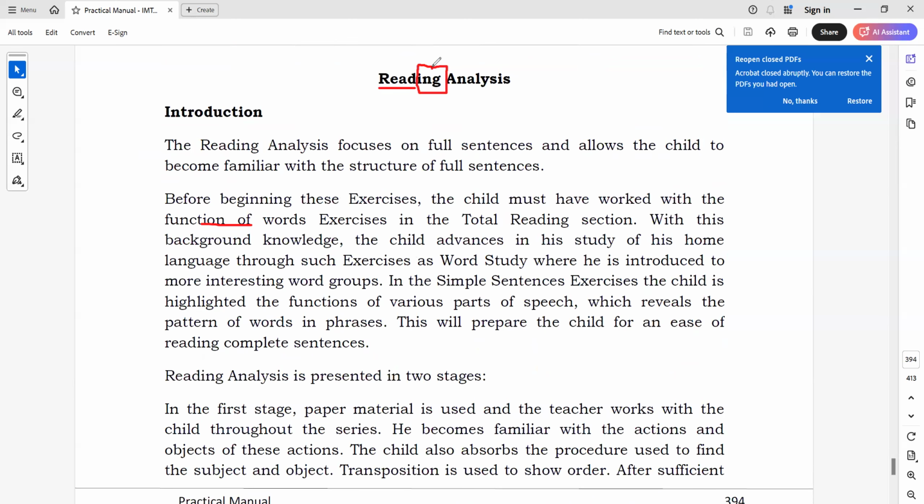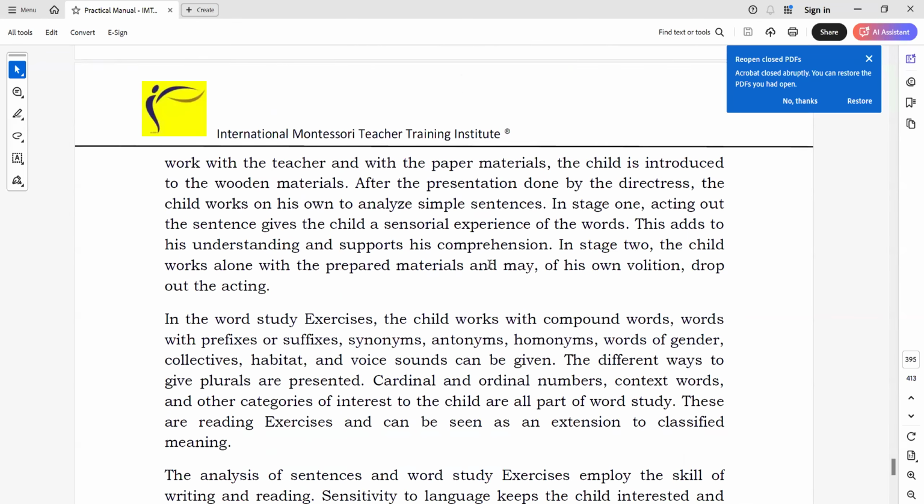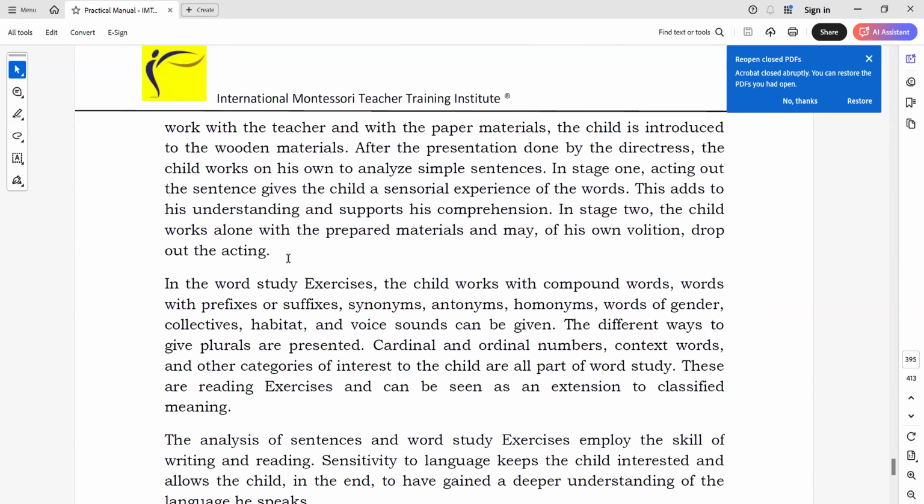So is this a prefix or a suffix? It's a suffix. Read, ing, suffix, correct? So it helps the child not only to understand the parts of speech when they are trying to work, it also helps them to understand if a word has a prefix or if a word has a suffix. Does it have a synonym? Synonym, same meanings. Does it have antonyms?